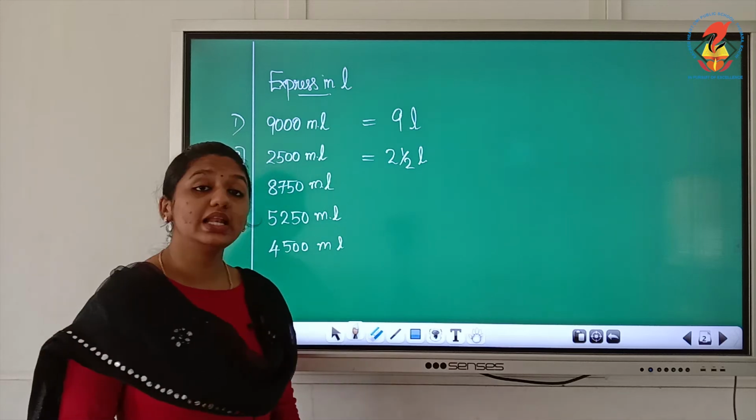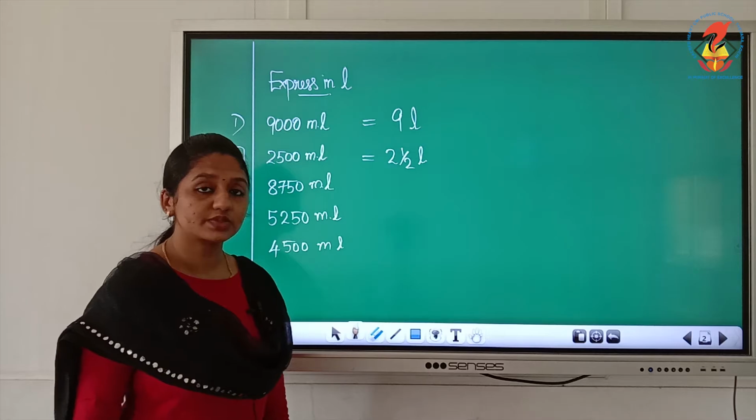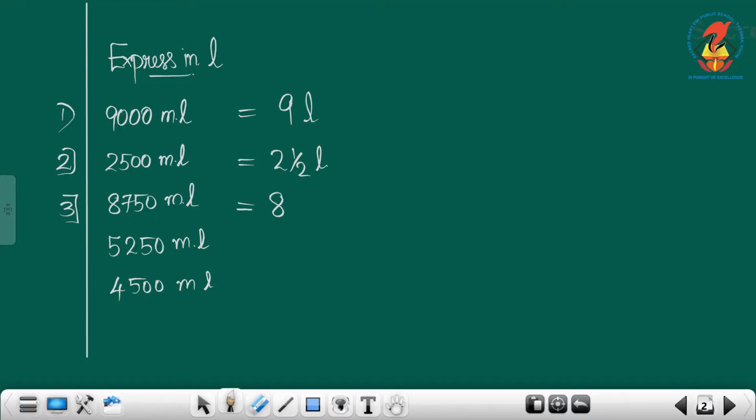And the third question, 8750 milliliter. So 8000, how can we express it? That is 8 liter. Then 750 milliliter, that is 3/4 liter. Okay.